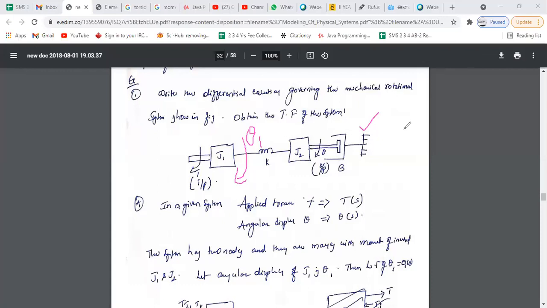So what is the transfer function now? What is the transfer function?